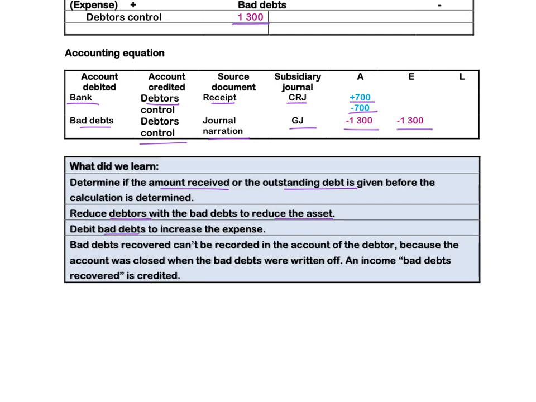Debit bad debts to increase the expense. Bad debts recovered can never be written in the account of the debtor because the account was closed when the bad debts were written off. Income must be credited so that the income will increase profits, and we will increase bad debts recovered on the credit side.